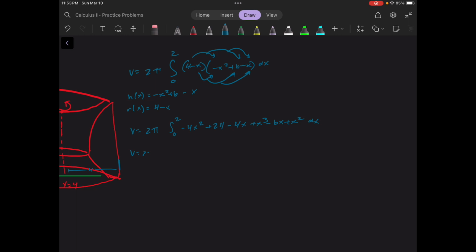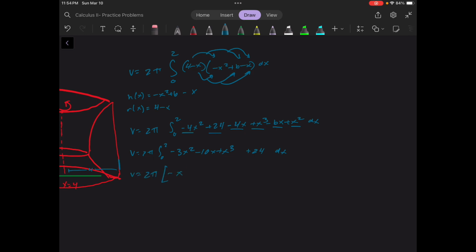Let's combine some like terms. We can combine this negative 4x squared and this positive x squared to make a negative 3x squared. We can combine this negative 4x and this negative 6x to make a negative 10x. We can combine this positive 24 with nothing, and this x cubed with nothing. Right, and dx, so volume is going to be 2 pi.